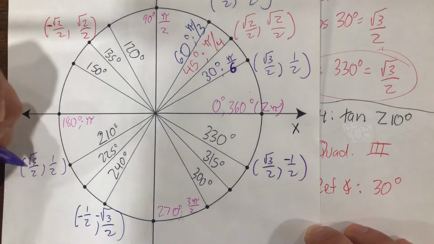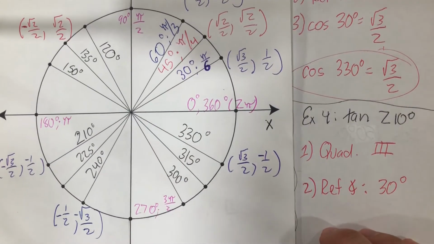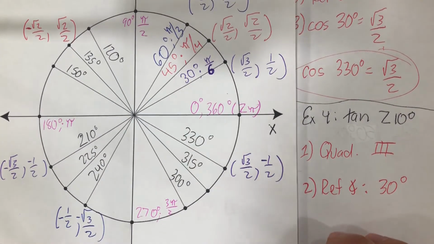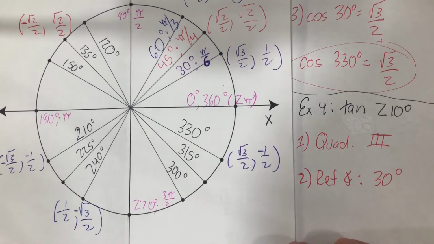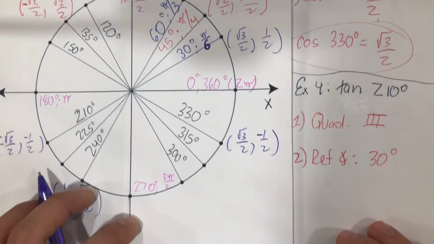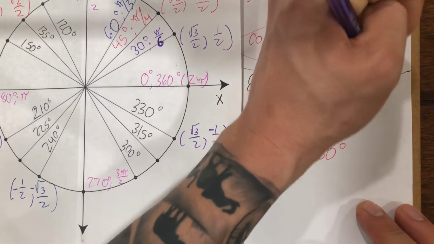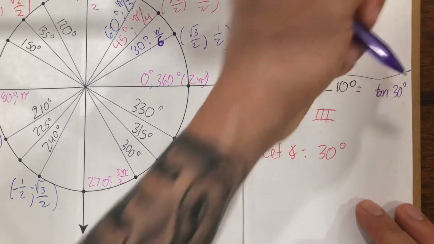Both x and y values are going to be negative. All right. So now what I can do is evaluate tangent of 210 degrees. Now evaluating tangent of 210 degrees is similar to evaluating tangent of 30 degrees.